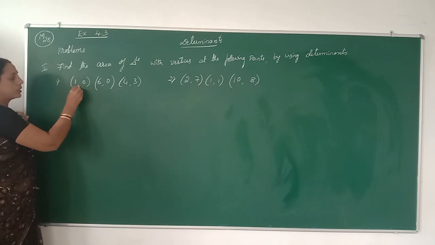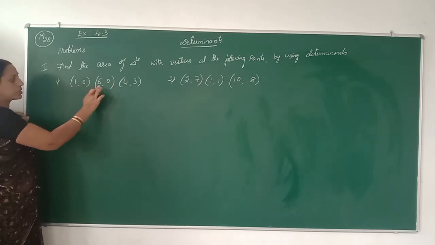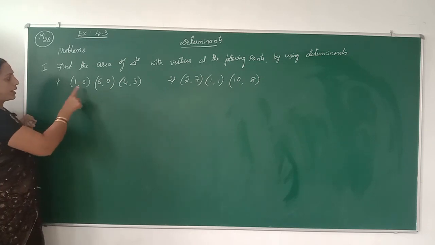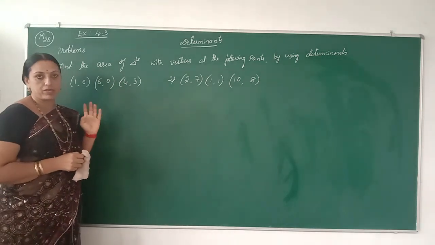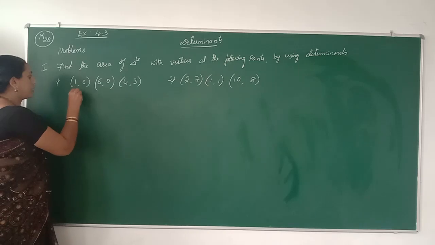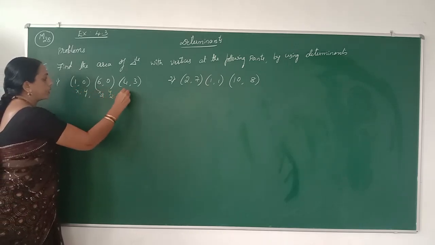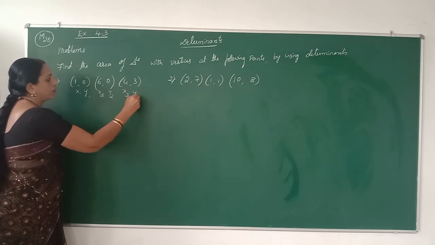Now the first problem is (1, 0), (6, 0) and (4, 3). These will be called the vertices of triangle ABC. Such points can generally be written as (x1, y1), (x2, y2) and (x3, y3).